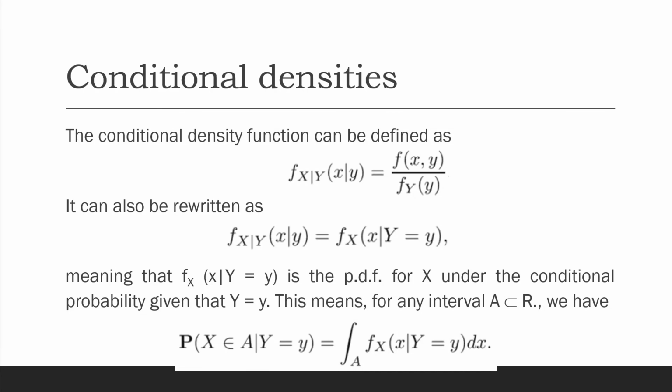This means that for any interval A, a subset of R, the probability of X being an element of A, given Y equals the point y, is equal to the integral over A of f of x given Y equals y dx.